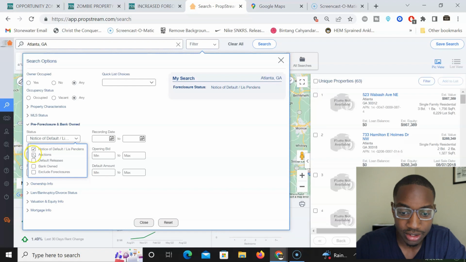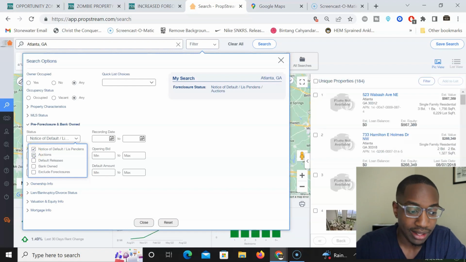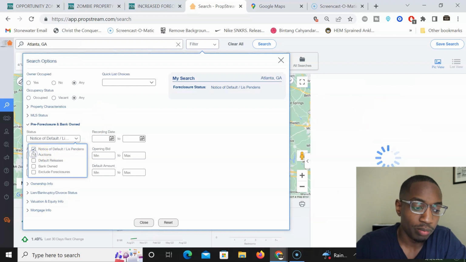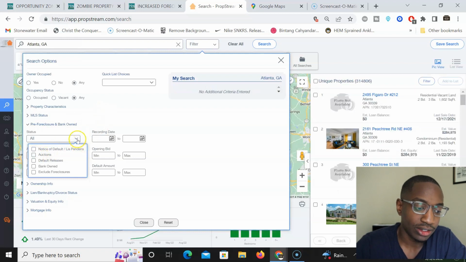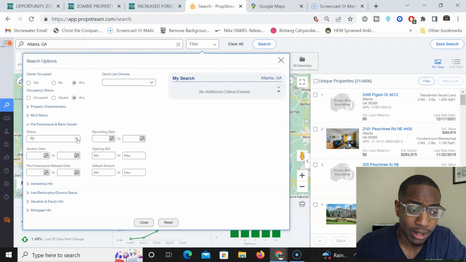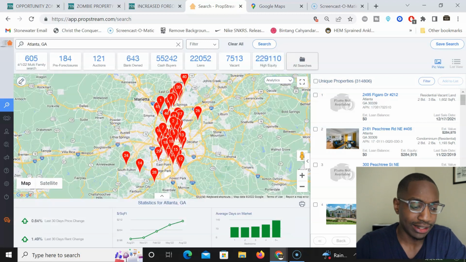Maybe it's an auction, because maybe you want to buy the house in cash or something like that. You can do that here, and then you could build more filters on top of it, but the list is already super small. Let's say you want them to be vacant, but those are essentially the zombie properties we looked at, or high equity or other things like that. So those are the three main lists I would target.